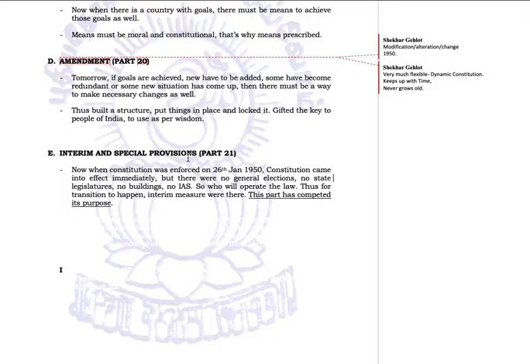And then there are special provisions. Why special provisions? Because India has such a vast boundary, such a vast area. We stand seventh in the world in terms of land size. We have so many disparities, like Jammu and Kashmir, which has been a very troubled area. We have northeastern areas which are full of indigenous people.